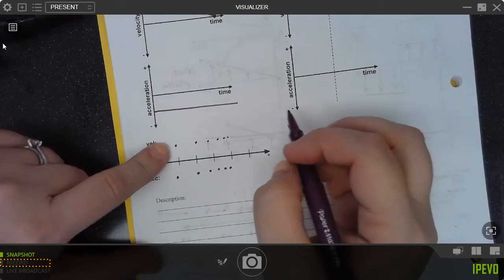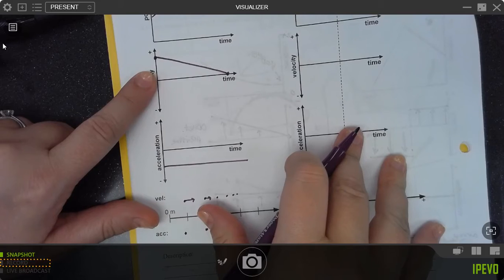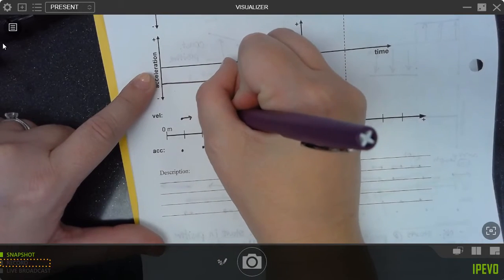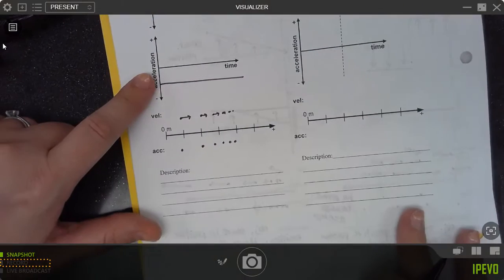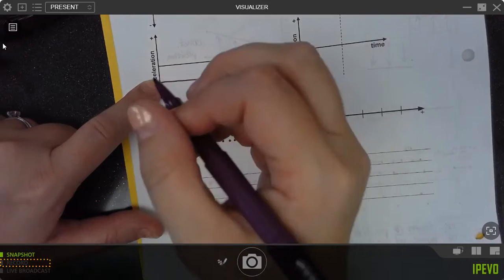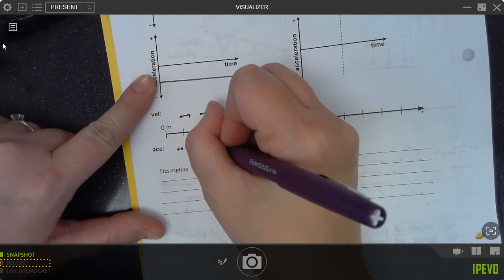These arrows I would expect to get shorter based on the pattern that I see in my velocity versus time graph, and they do. And then for my acceleration versus time graph, I've got a constant negative acceleration. So I'm going to have arrows that are constant in length, all the same, in the negative direction.